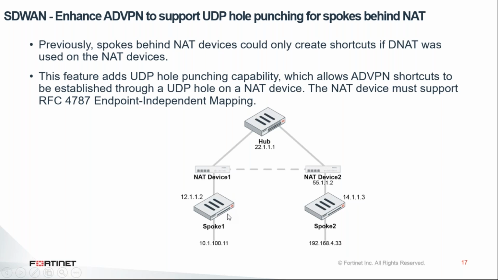If you want communication between endpoints on the left side, behind spoke 1, to spoke 2, because the 2 FortiGates with SD-WAN are behind NAT, in 6.2 that was a limitation. We couldn't handle that traffic. But now with the 6.4 version, we can work with dual NAT functionalities in ADVPN scenarios.